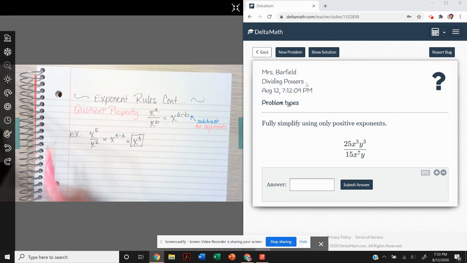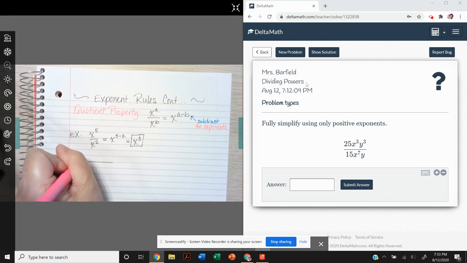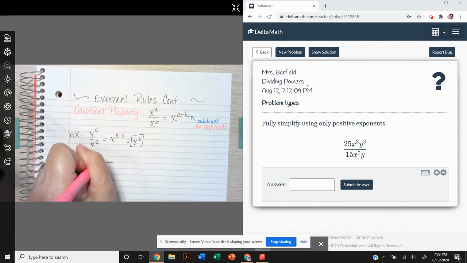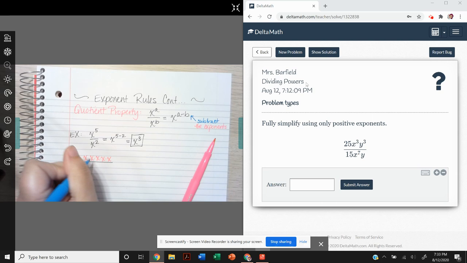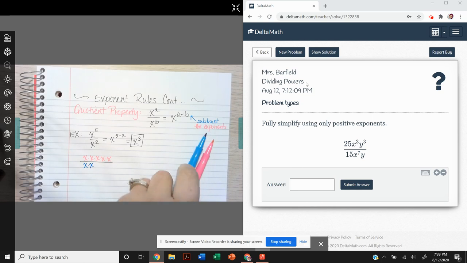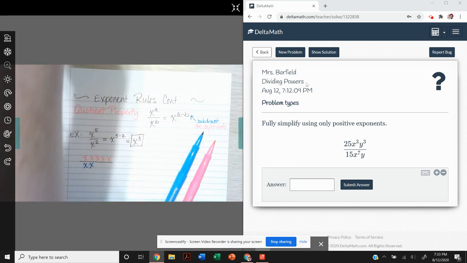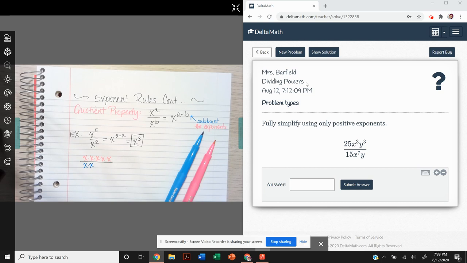If I take the numerator and expand it, I would write x times x times x times x times x, and then on the bottom, I would have x squared, x times x. Now what you have to remember is what you learned in elementary school and middle school.